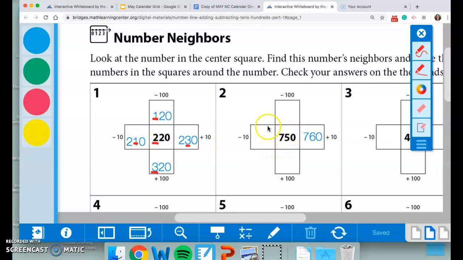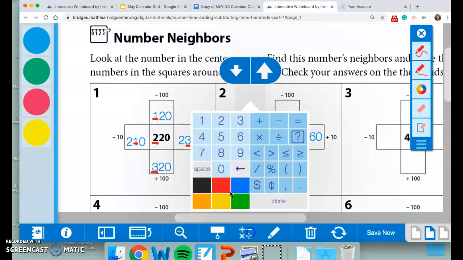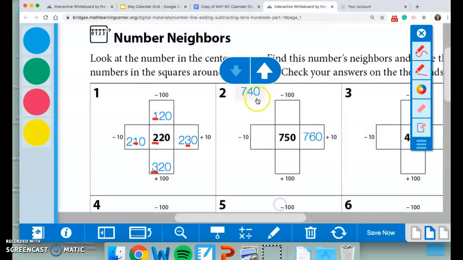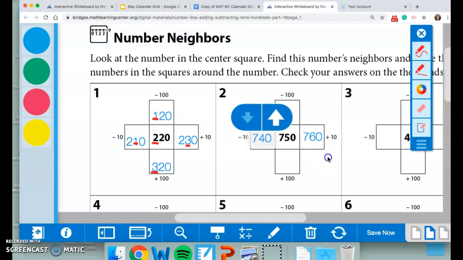So 750 going this way would leave us with, you're right, 740. Great job. So if we look at that, we see that our tens place added a 10 and subtracted a 10.